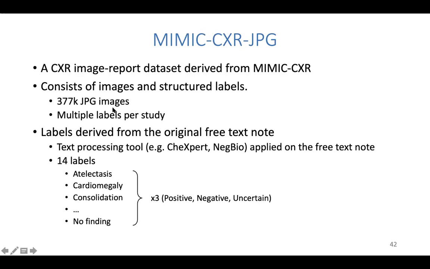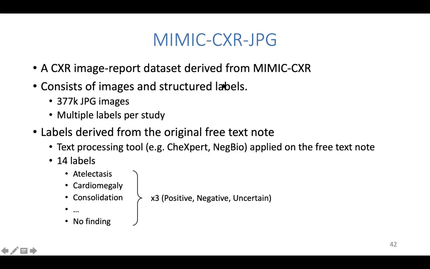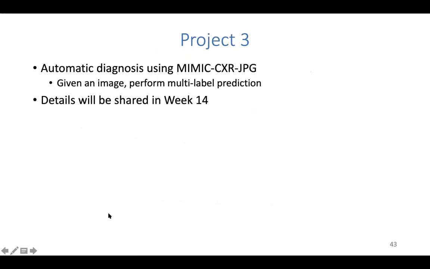So if you only want to do image classification, then you might as well just use MIMIC-CXR-JPG instead of the original MIMIC-CXR, because in JPG, they already have the labels for you. Actually, project number 3 will be using MIMIC-CXR-JPG, because project number 3 is automatic diagnosis, so just medical image classification and multi-label classification. Given an image, perform multi-label prediction into these 14 different labels.